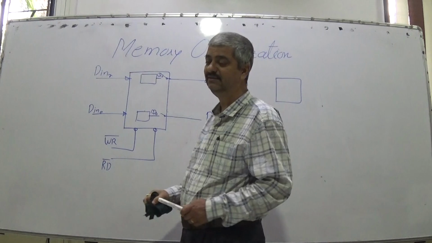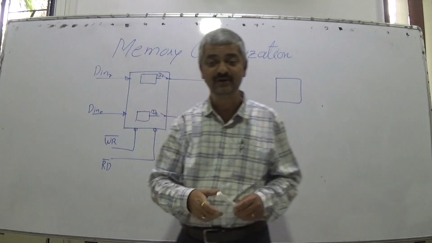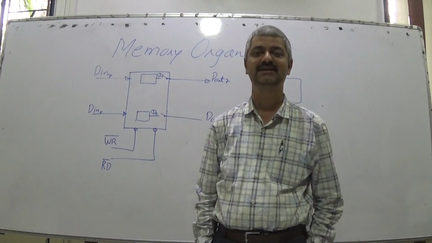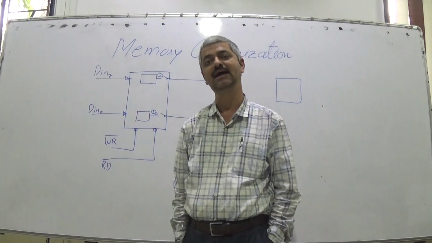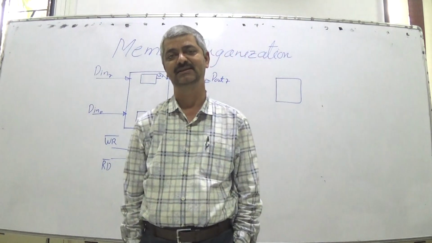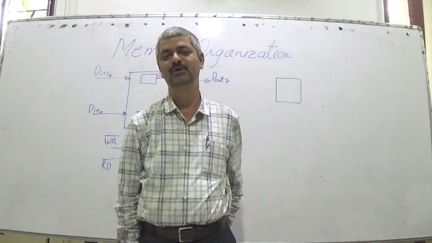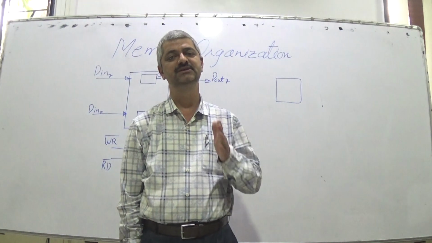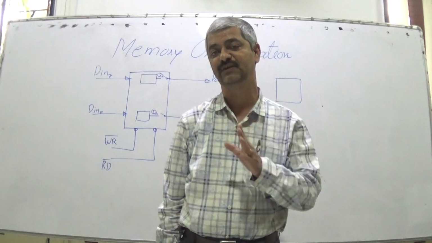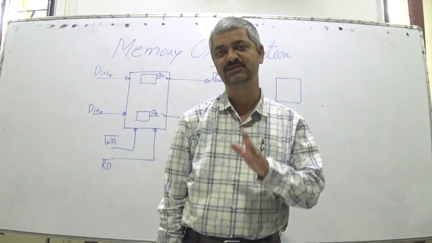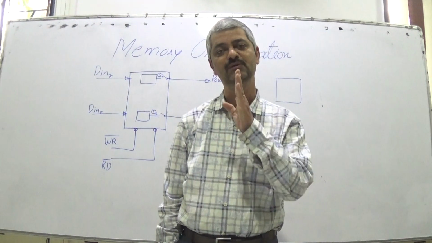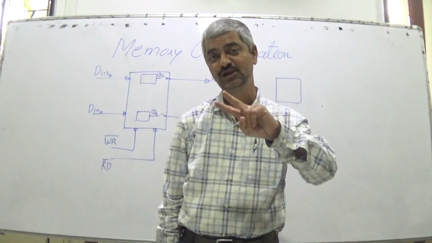Then, instead of one byte memory cell, let us decide that I will prepare a 4 byte memory cell. I will not say 2 because single and plural is insufficient differentiation. Single, two and multiple, ekvachan, dvivachan and bahuvachan.